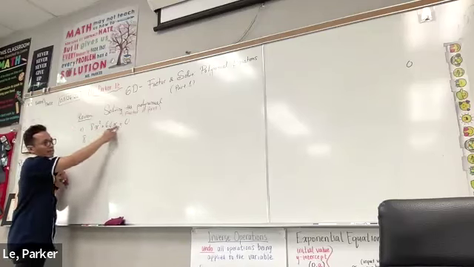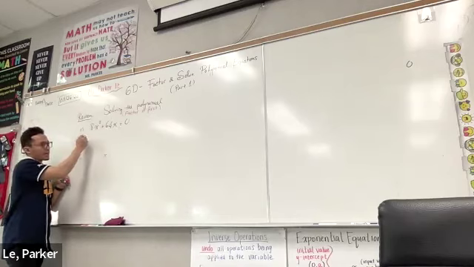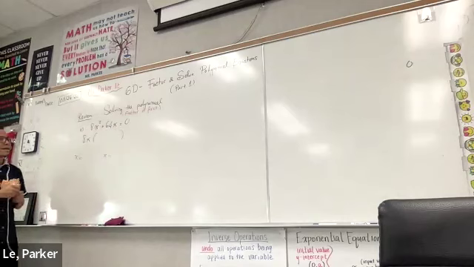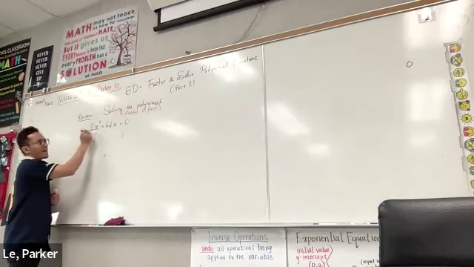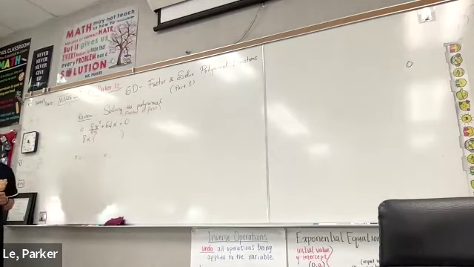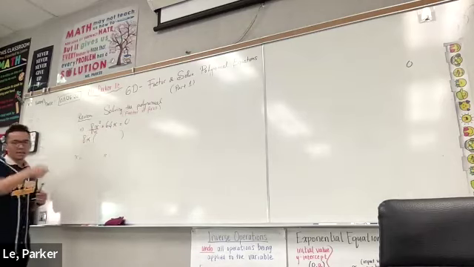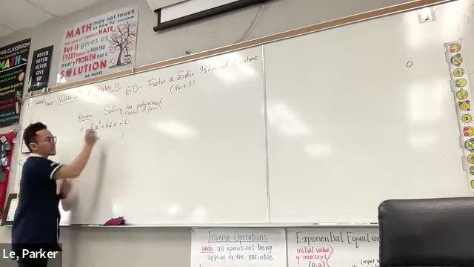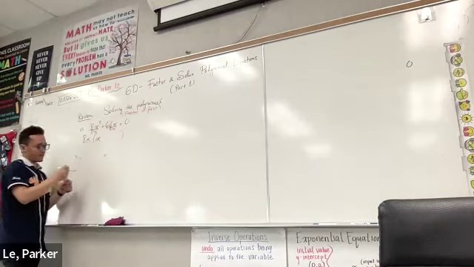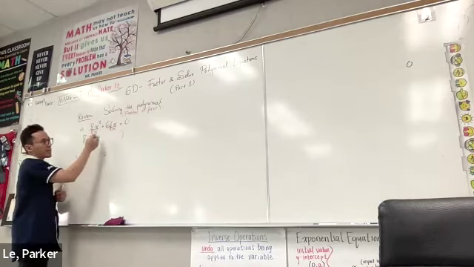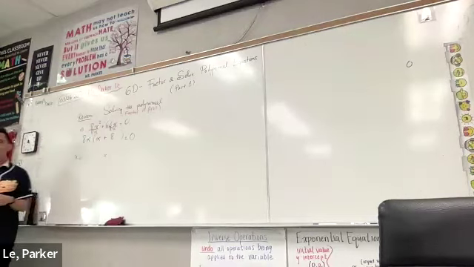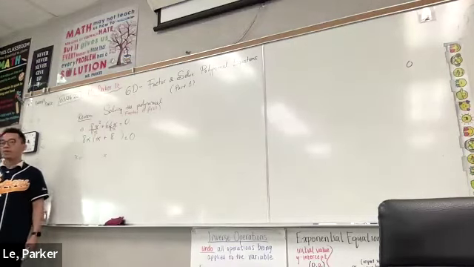So x squared and x, which one is the GCD? X. Okay, so take it out. After I take out x, what do we have left? That means I divide, not subtract. x squared divided by x, what do we have left? X. 64x divided by x, what do we have left? 8. Positive or negative? Positive 8. I think 98% of you got this. So check when you answer.